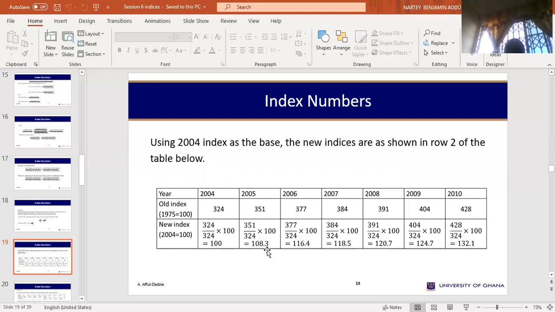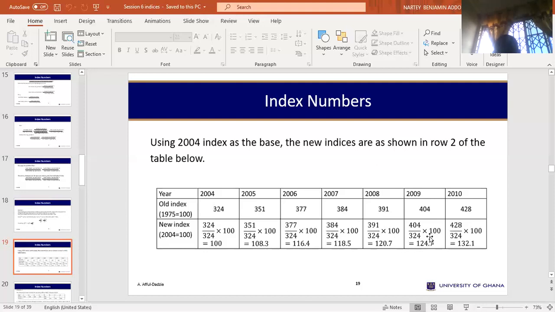But 2005 will be 351 over 324, and that will be 108.3. 2006 will be 377 over 324, that will be 116.4. 2007 will be 384 over 324, so that will be 118.5. And 2008 will be 391 over 324, so that will be 120.